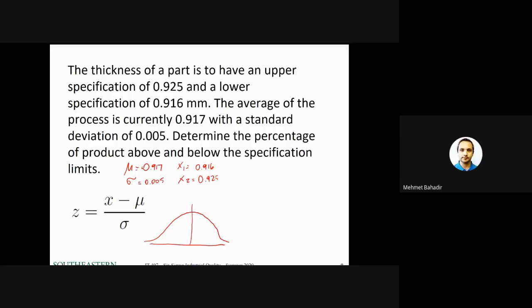Anyway, so mean value 0.917, standard deviation 0.005, and we have one value very close to the mean value here, 0.916, and we have another value a little bit far away from our mean value, 0.925.